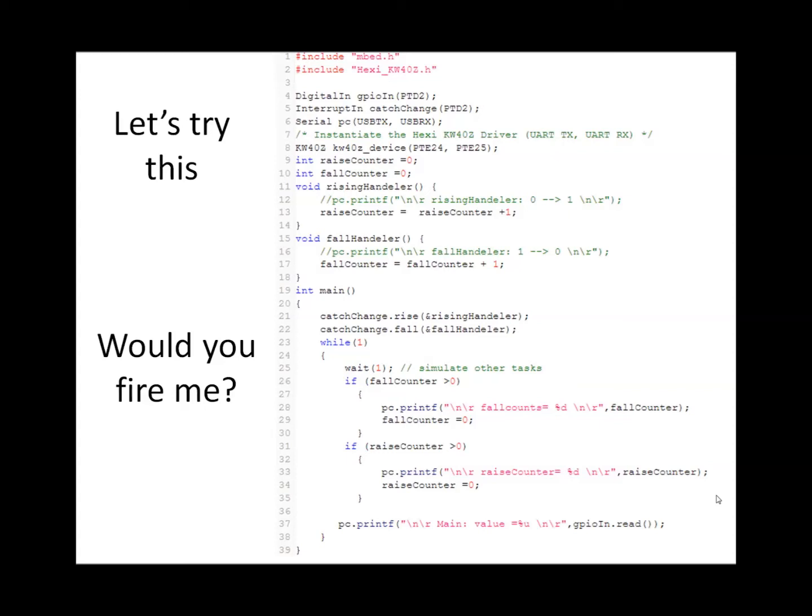Okay, but we agreed last time that the interrupt is executed on the processor and the main loop is executed in the processor. So why do I bother you now? What's the difference between executing printf here and executing printf here?